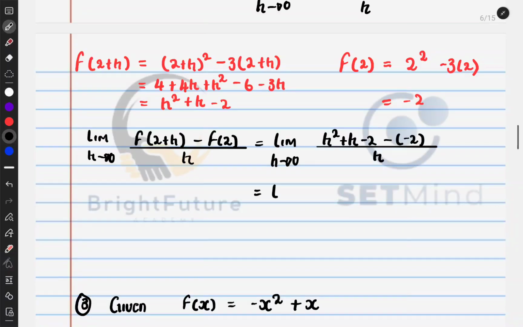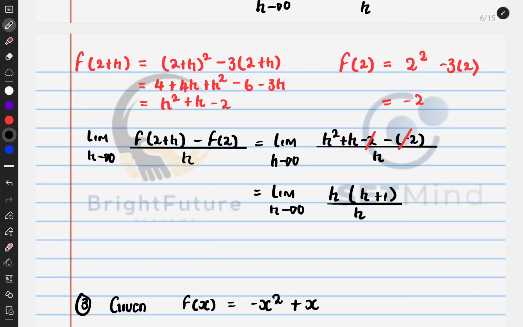So let's say the limit as h approaches 0. Basically here the negative 2 and positive 2 will cancel. We'll be left with h squared plus h. Let's take out h as a common factor, therefore we'll be left with h times h plus 1 over h.